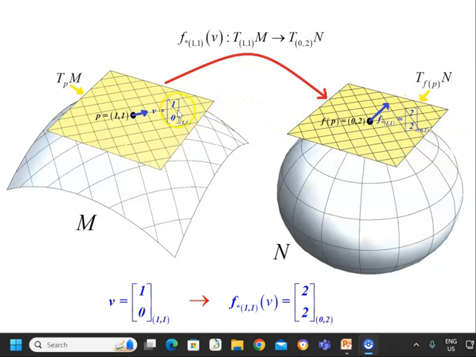This vector (1, 0) at P becomes the vector (2, 2) at f of P equals (0, 2). So this vector v has been pushed forward to this vector here, f star at (1, 1) of v. I should probably put a little v in there. So down here we've gone from v equals (1, 0) at (1, 1), under the map f, to f star at (1, 1) of v, which is (2, 2) at (0, 2).